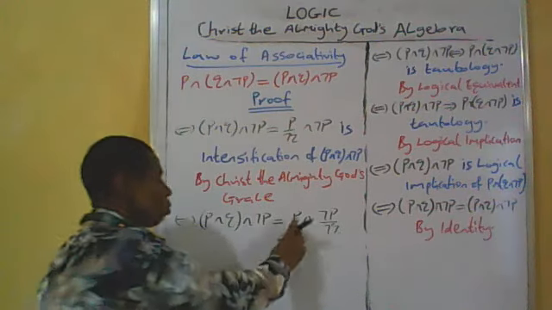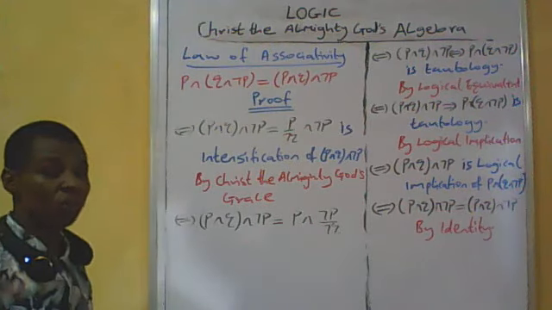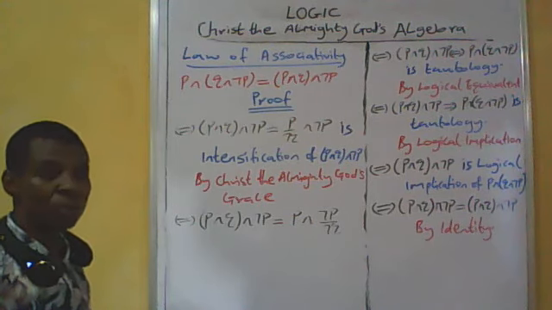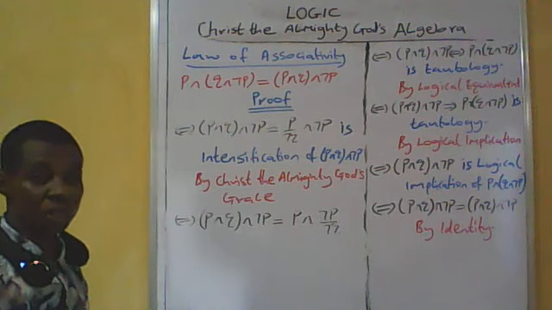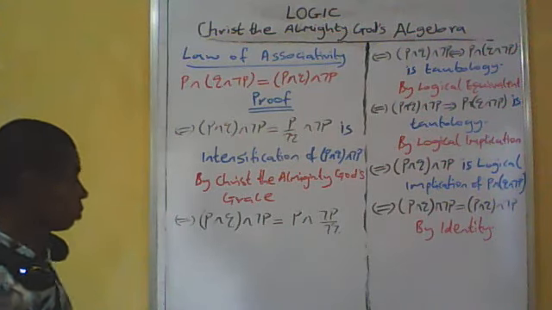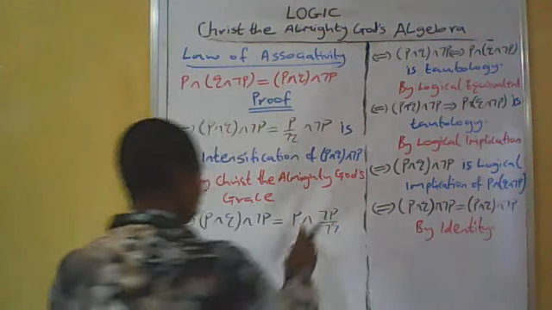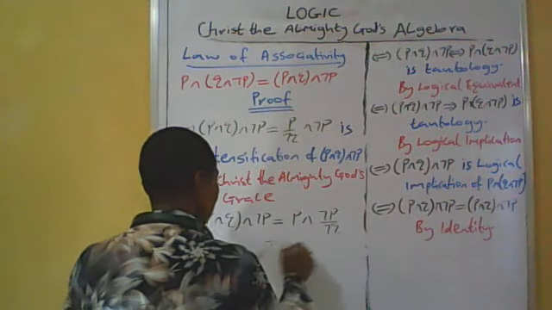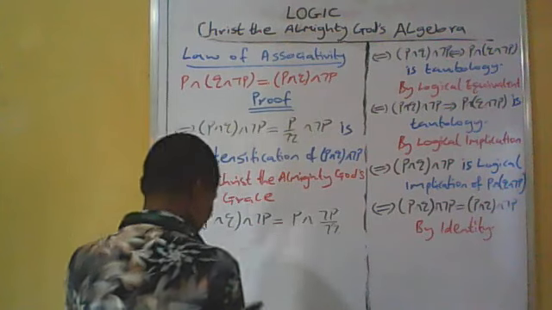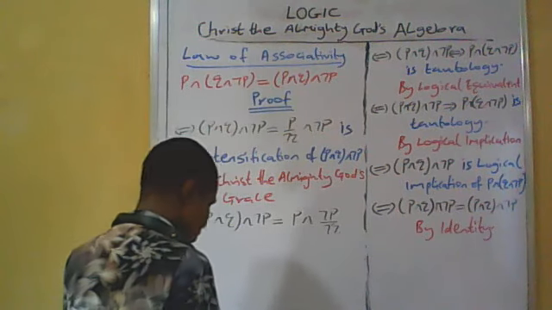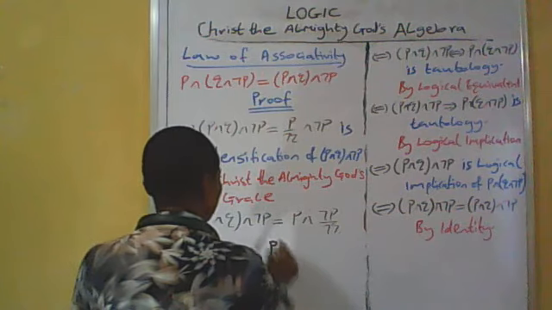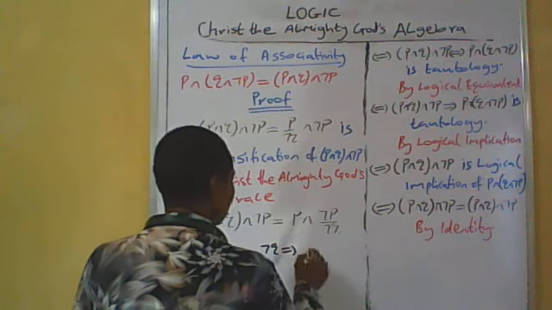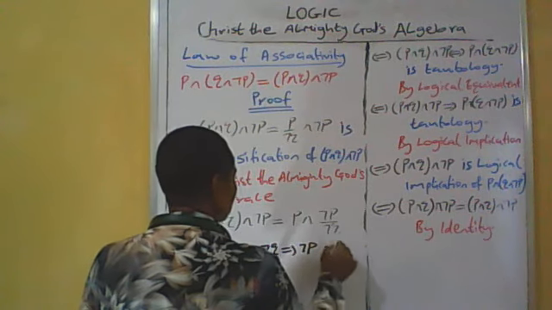Now, because this is equivalent to P, not Q implies not P and P is equal to P. That means you have not Q implies not P and P.